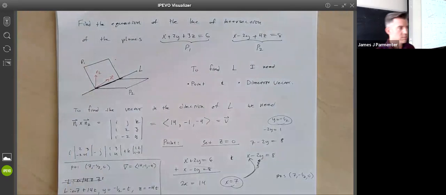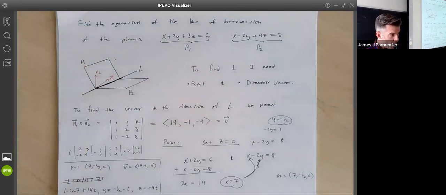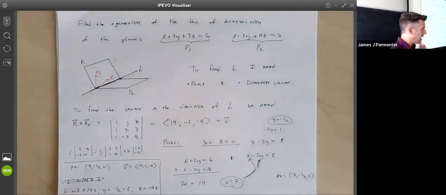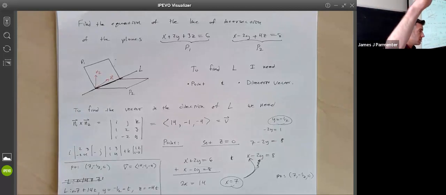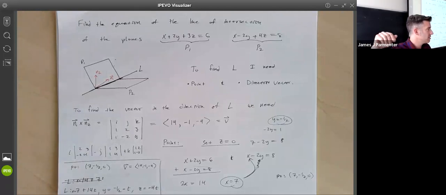Other questions? Okay, so here's my question. Should we do more practice with this, or should we start talking about vector valued functions? Chapter 13 stuff. Who votes for more practice? Can we do the chapter 13 and give time for that?